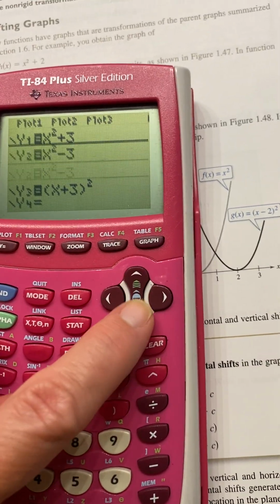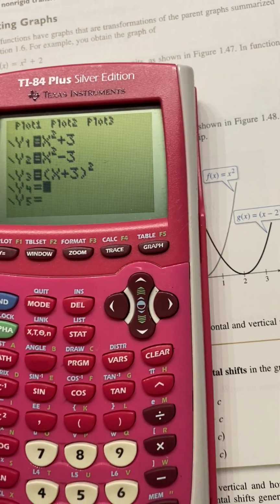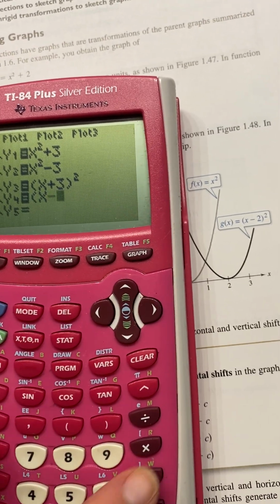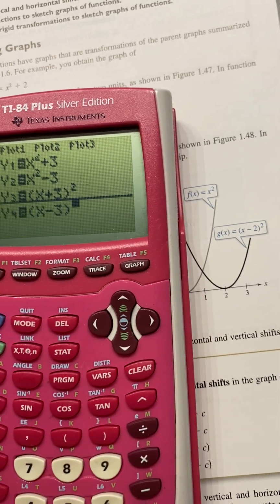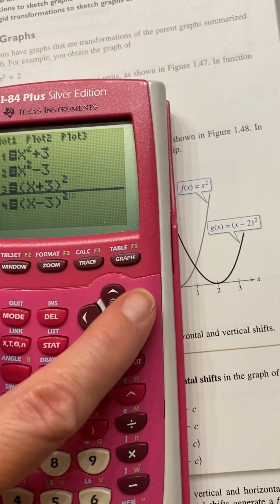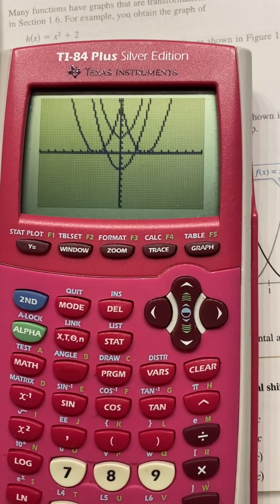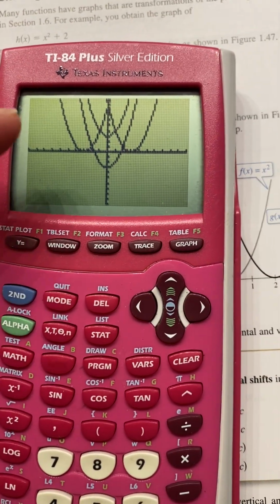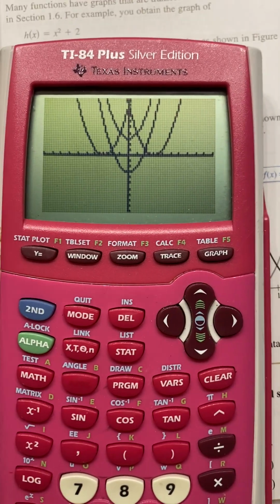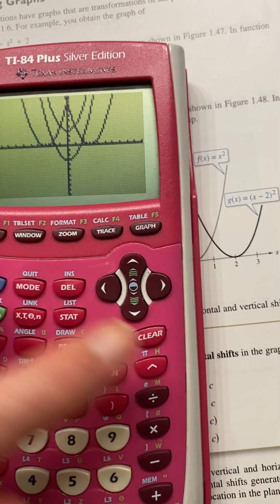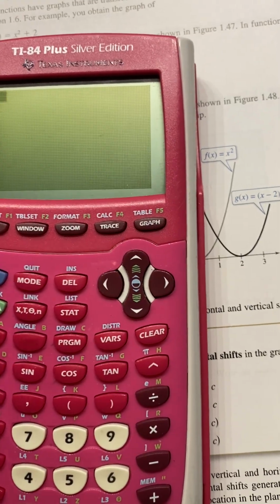And if we graphed the last option, parentheses x minus 3 quantity squared, that would shift the graph to the right. So it's interesting to have those all on the graph at the same time. Some of your calculators might have those in different colors, which is very interesting.